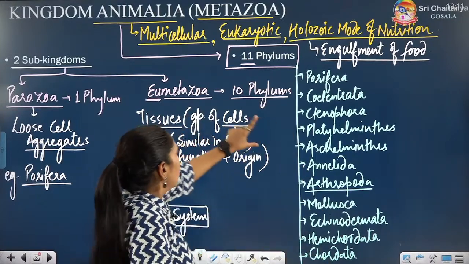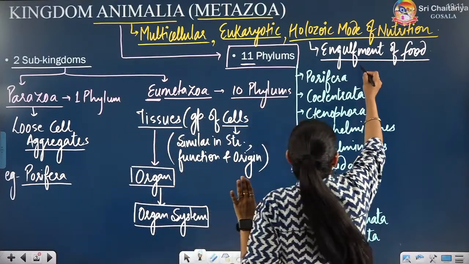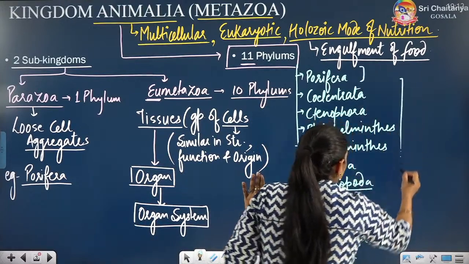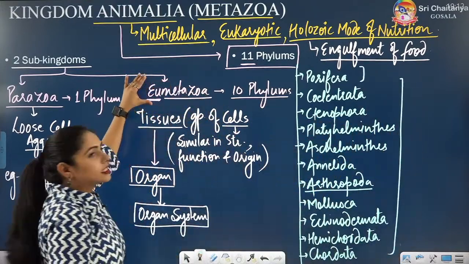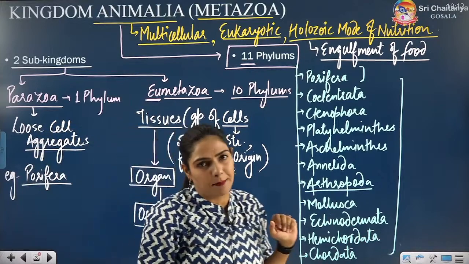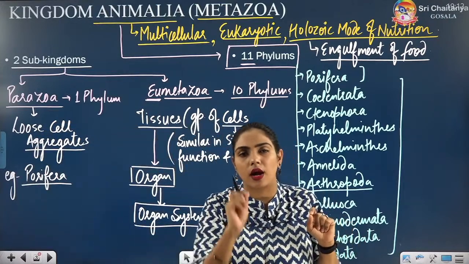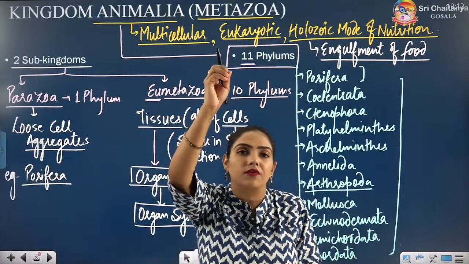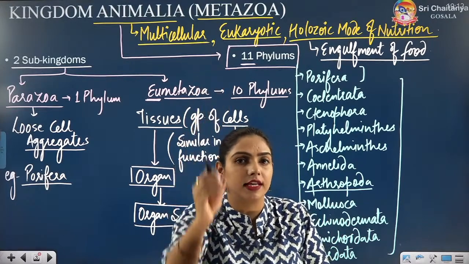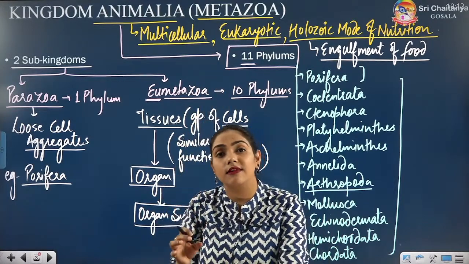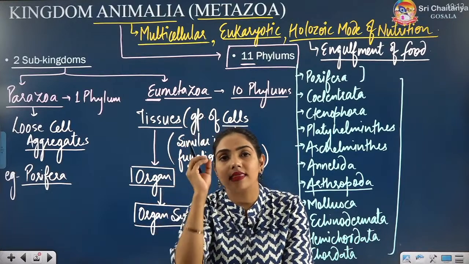All these except Porifera come under the subkingdom Metazoa. This is the first thing you have to understand very well. You have to learn the sequence of these 11 phylums, as well as the names of all these phylums.